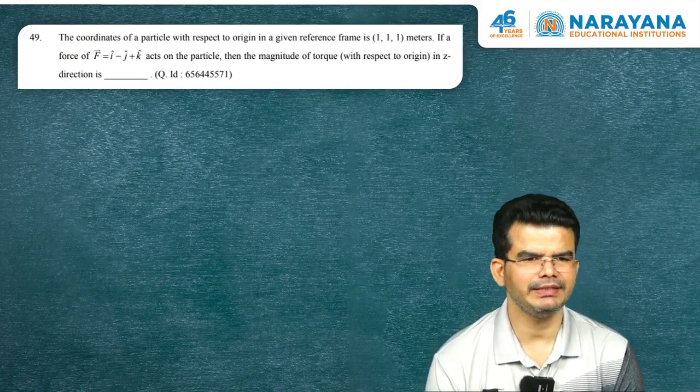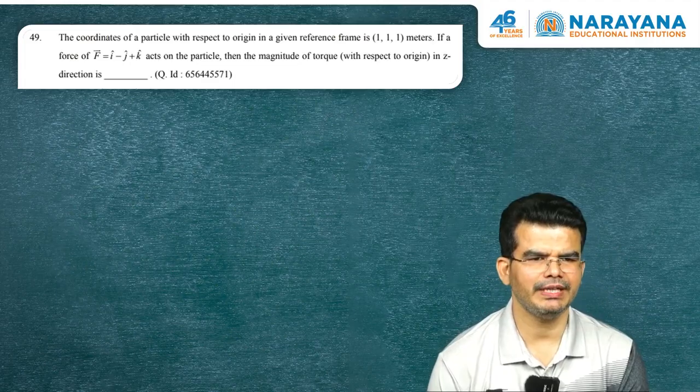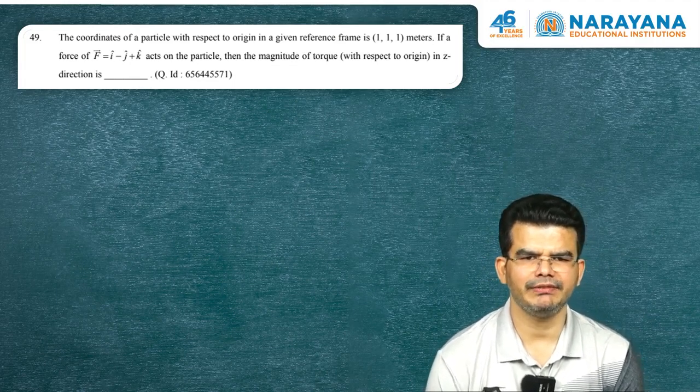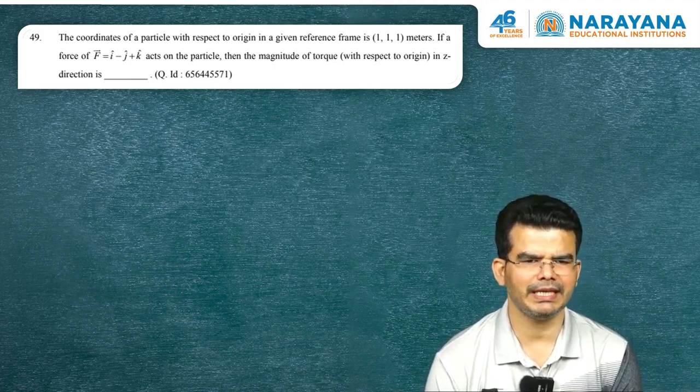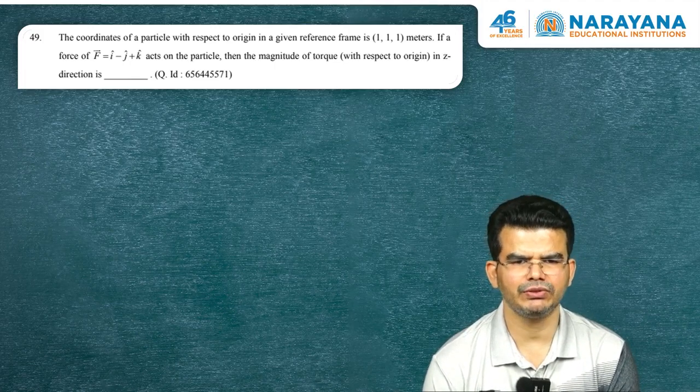Okay. Let us see question number 49. So, what we have here? The coordinates of a particle with respect to origin in a given reference frame is 1, 1, 1. If a force F equal to i cap minus j cap plus k cap acts on the particle, then find the magnitude of torque with respect to origin in z direction.